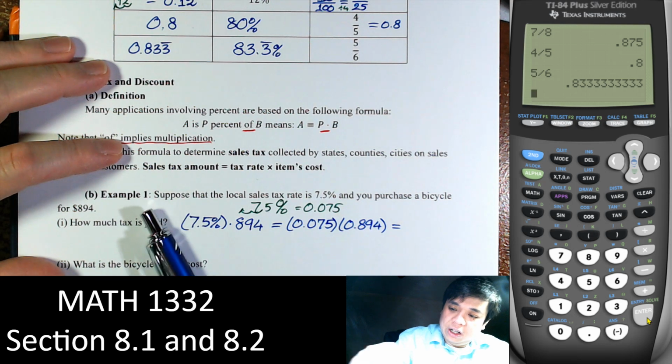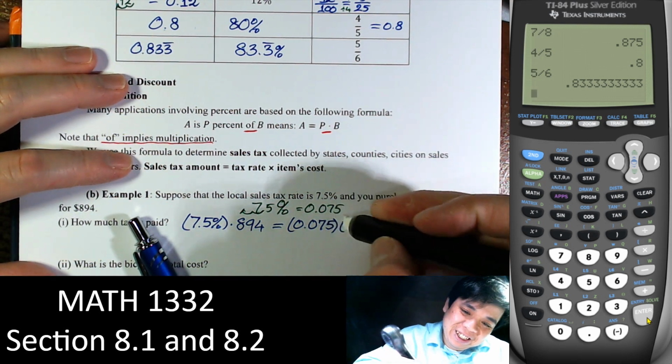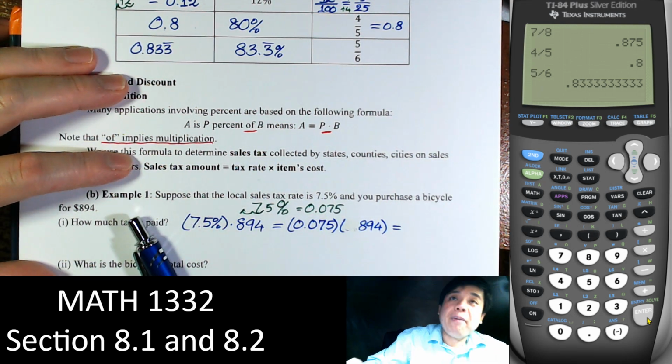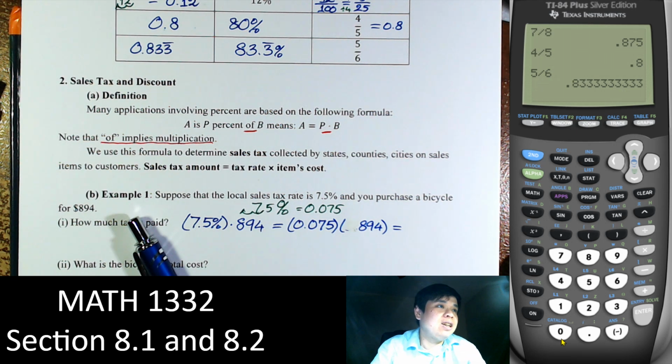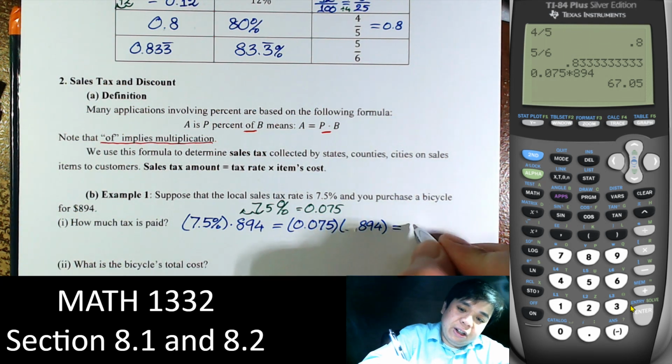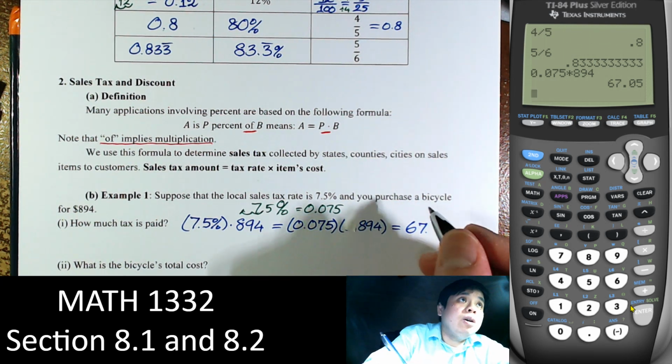Sorry, I don't know where decimal comes from. Right, so just that. That's 67.05.